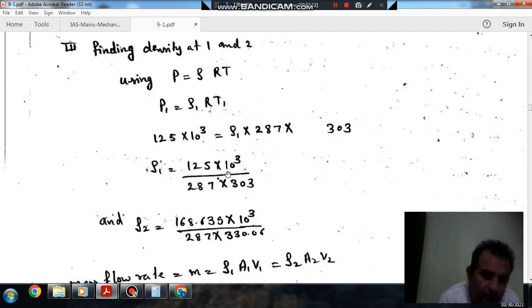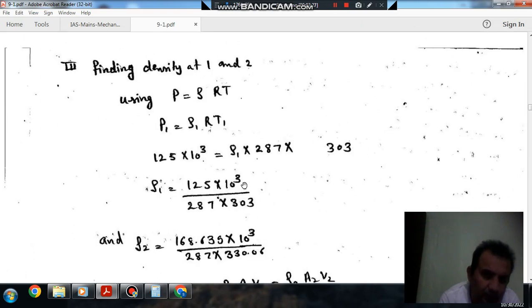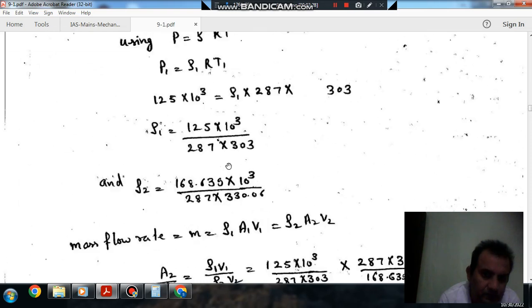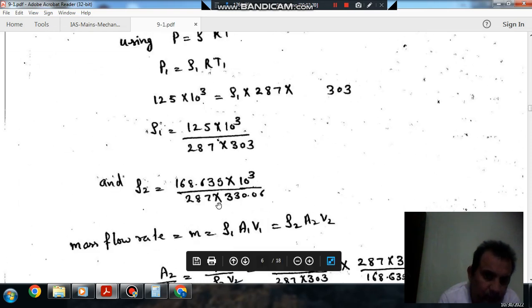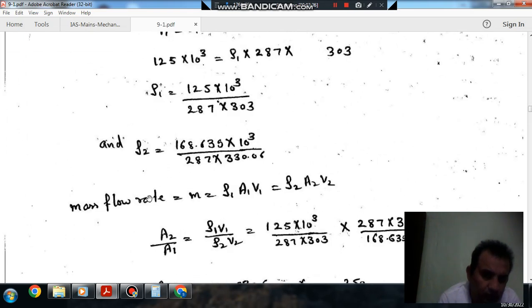So rho 1 is 125 kilonewton per meter squared divided by 287 divided by 303. And rho 2 is just changing the pressure, that is 168.69 kilonewton per meter squared that we have calculated, and R is 287, and T2 is 330.06. So this is your rho 2.